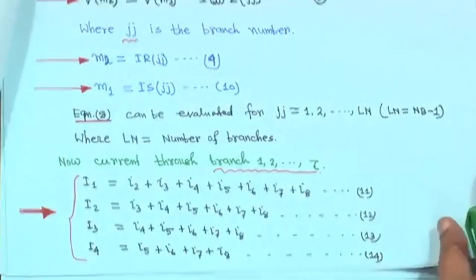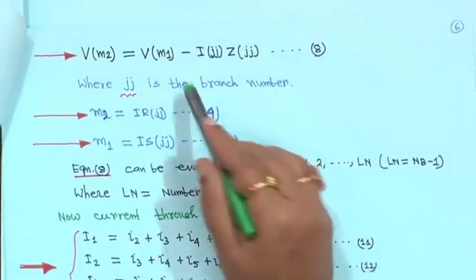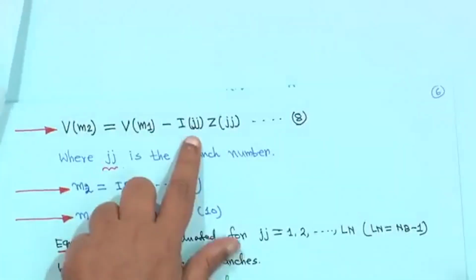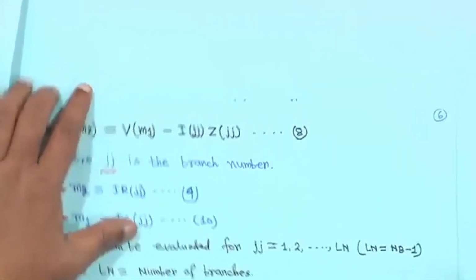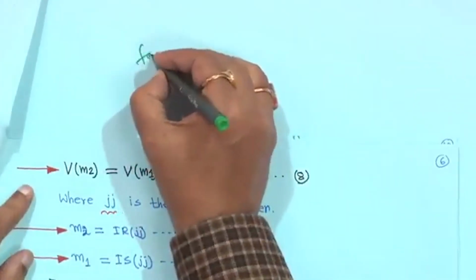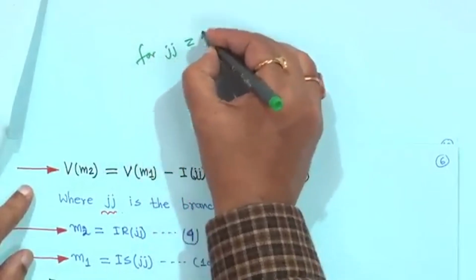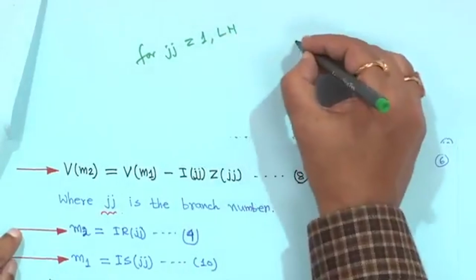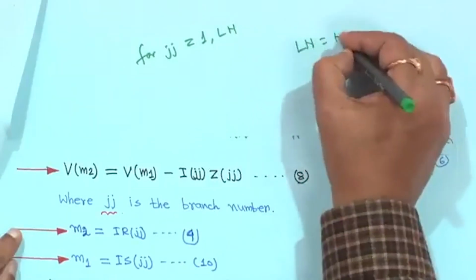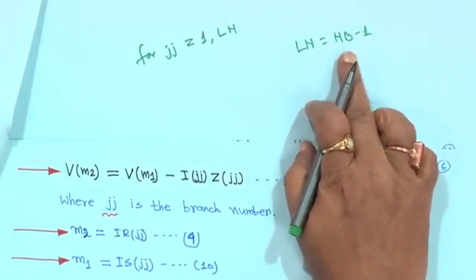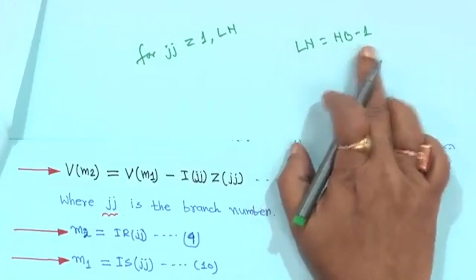So, the generalized equation will be Vm2 is equal to Vm1 minus Ij Zj. But Ij is not computed yet; we have to do that when we write the code. For j equal to 1 to Ln, where Ln is the total number of branches, Ln is equal to Nb minus 1, and Nb is the total number of nodes. So the branch count will be 1 less, Nb minus 1.